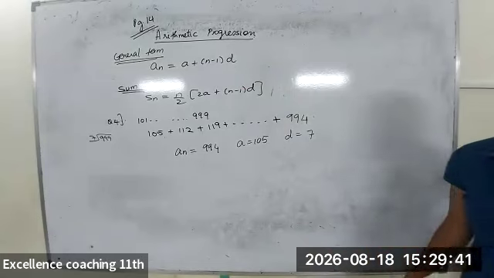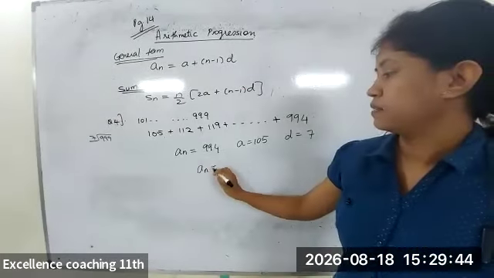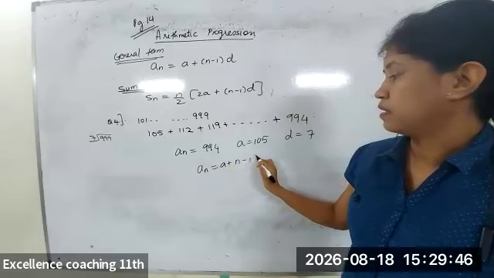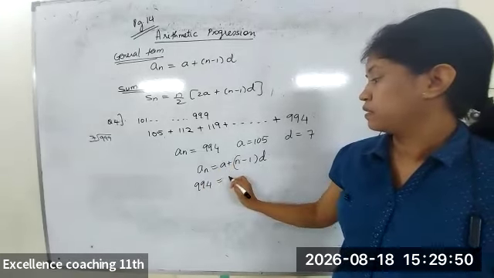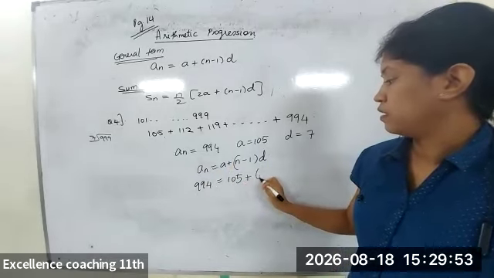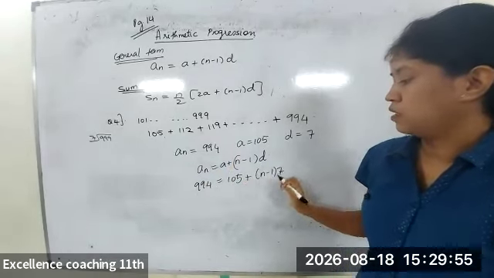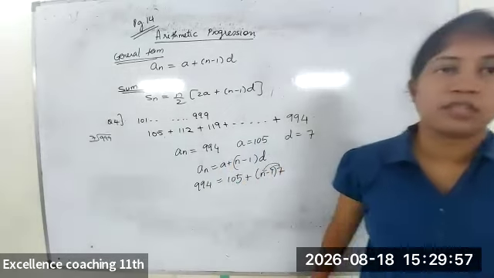And the term is a plus n minus 1 d. So 994. So 7 gets multiplied to both the terms.